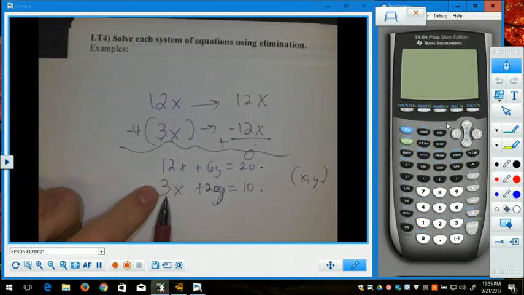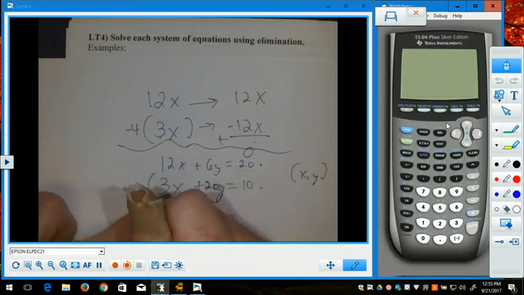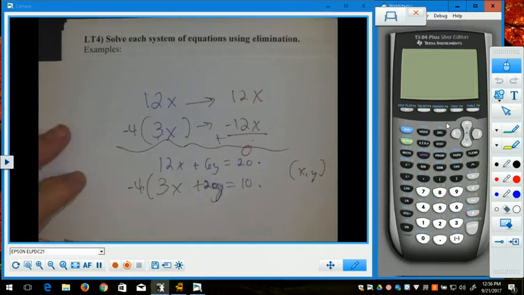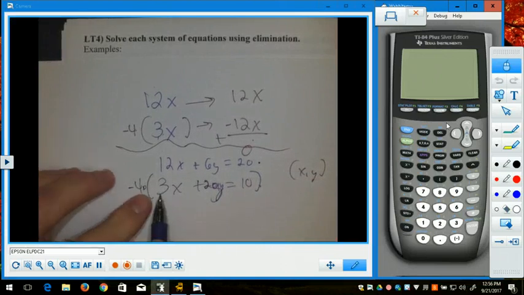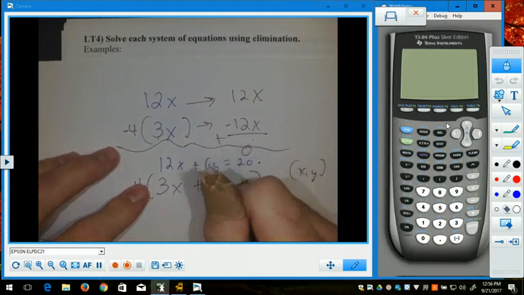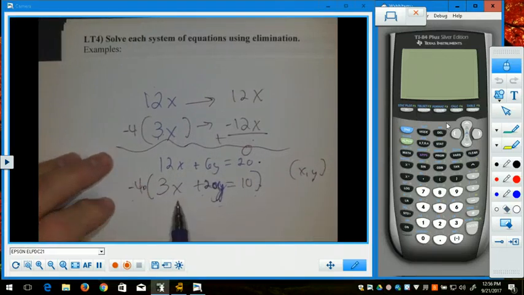I know that if I multiply 3x by negative 4, then I'm going to get the opposite of 12x. The problem is, when you multiply, I can't just multiply this or the equation changes. This is 3x plus 20y equals 10.